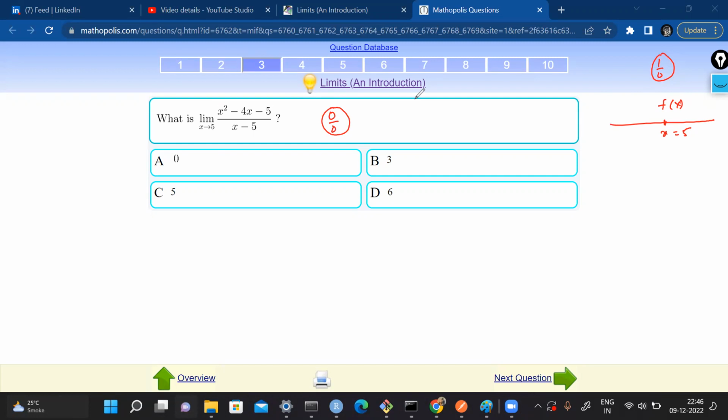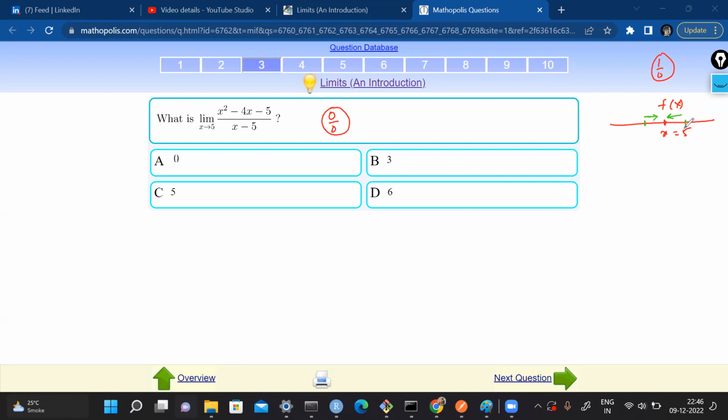In the last video, we implemented a function in Python where we try to get the closest value to 5. That means we are approaching x equal to 5 from the left hand side and from the right hand side, going very close to the point x equal to 5.